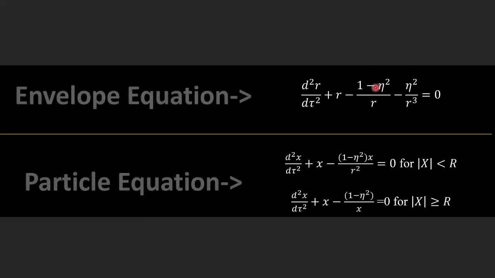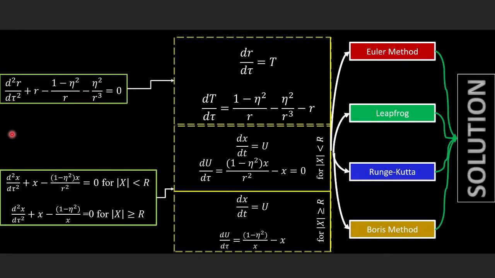If you remember, these are the two or three equations that we have. One is the equation of motion of the mismatched radius, that's small r, and these two equations are for particle evolution when the particle is within the core and when the particle is outside the core. Now we can solve these equations numerically, and in order to do that, we have to convert this second order differential equation into two first order differential equations, and similarly these two equations, which are of second order, into two first order differential equations.